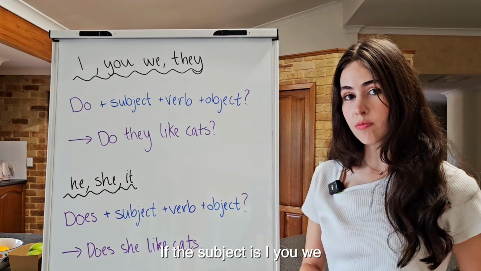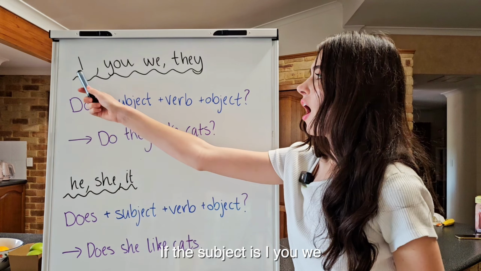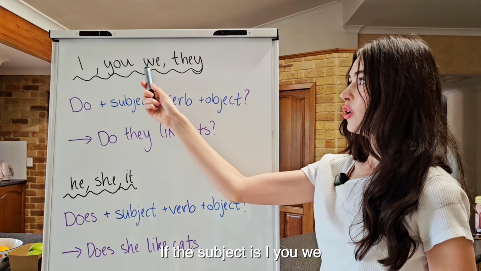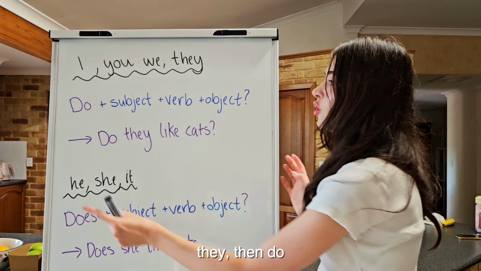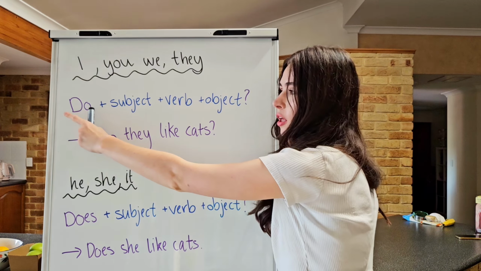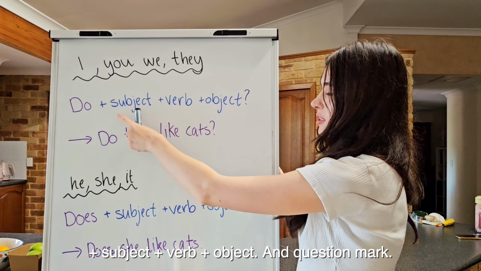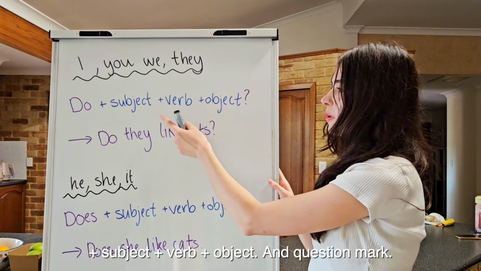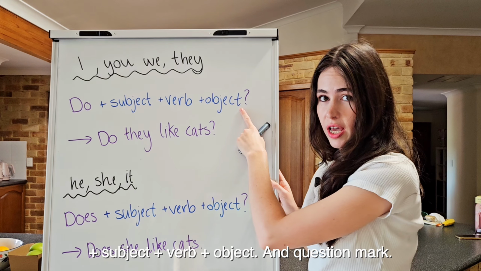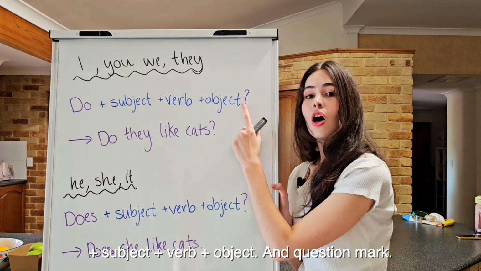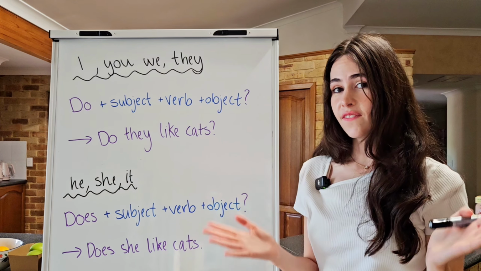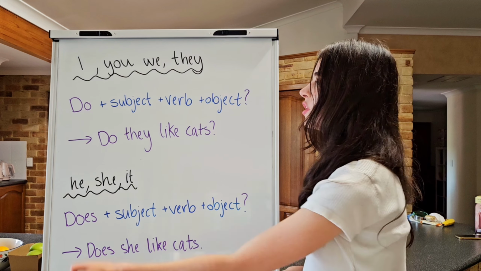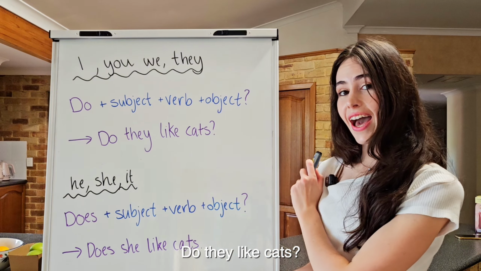If the subject is I, you, we, they, then do plus subject plus verb plus object and question mark. For example, do they like cats?